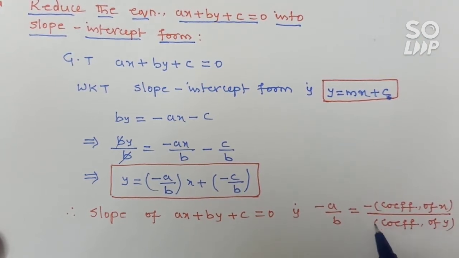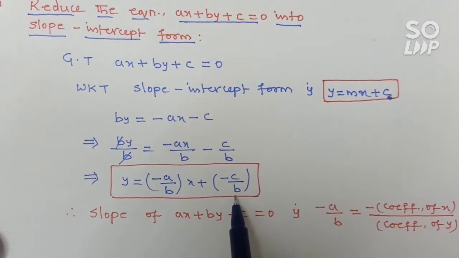The next one is minus c by b, which is the y-intercept.